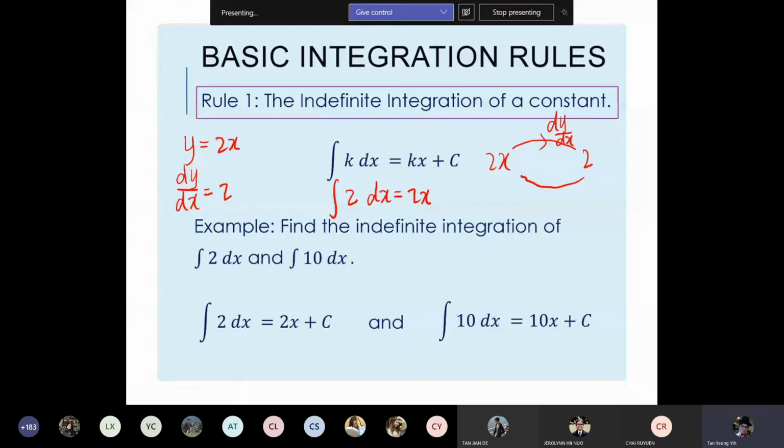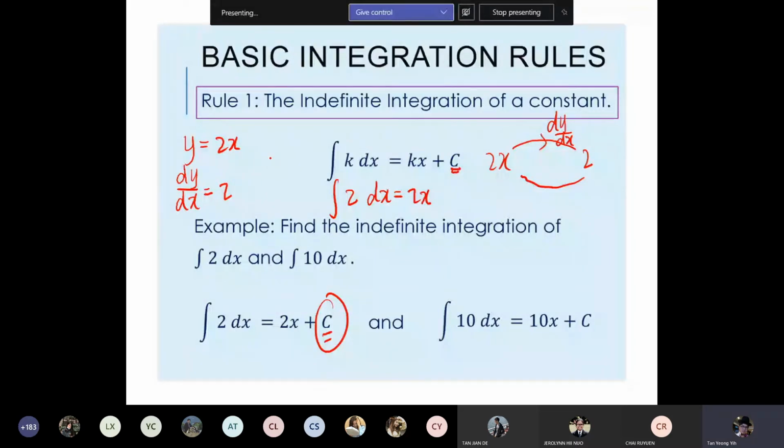No questions? Then I want to ask you, what is the c? Why do we need to add c here? Why do we need to get 2x plus c? Any idea? The intercept.